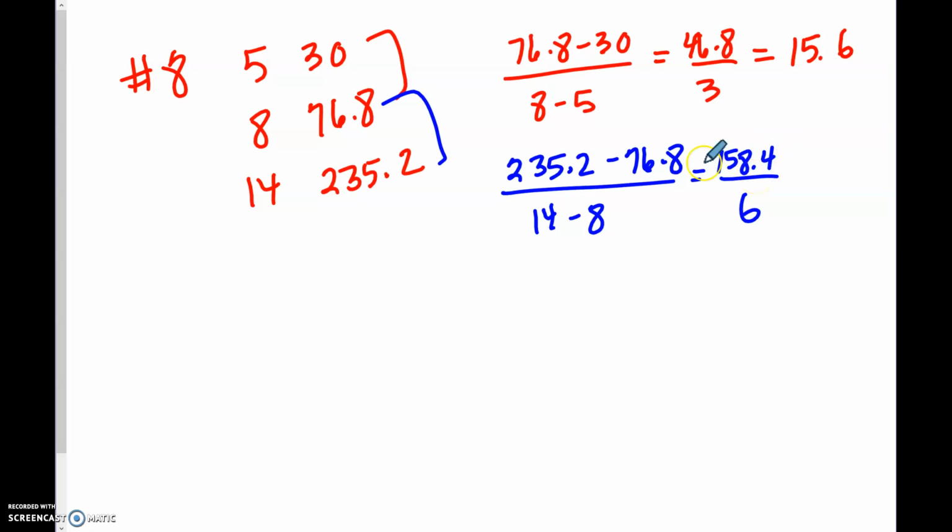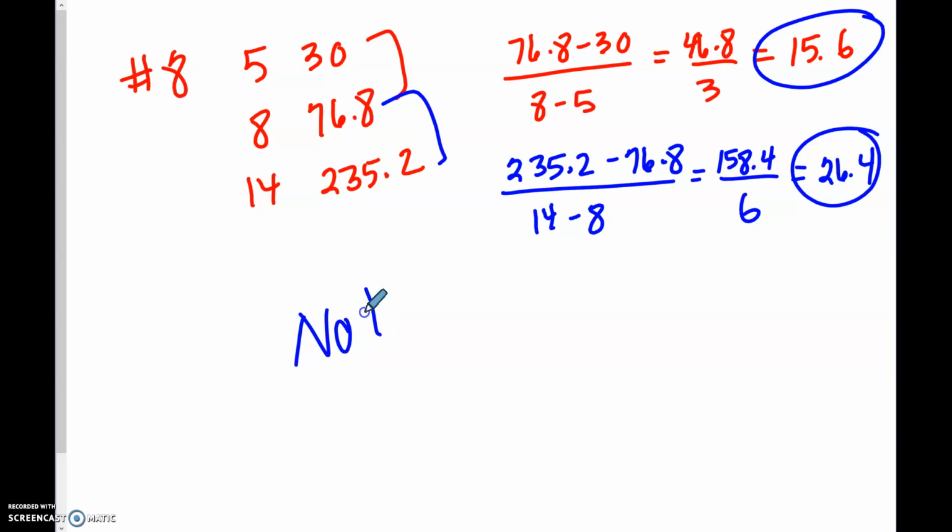So grab your calculators, and 158.4 divided by 6 is, I don't have that, so bear with me while I grab my calculator. 158.4 divided by 6 is 26.4. Do you see how this slope and this slope are different? So this is not linear. It does not have a constant rate of change. So if you have more than one piece of data, sometimes you're going to have to find all of those slopes. All right, good luck on the rest of your homework assignment.